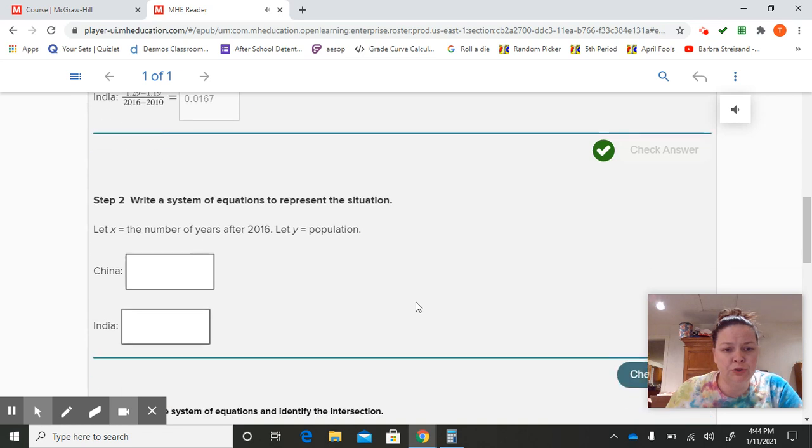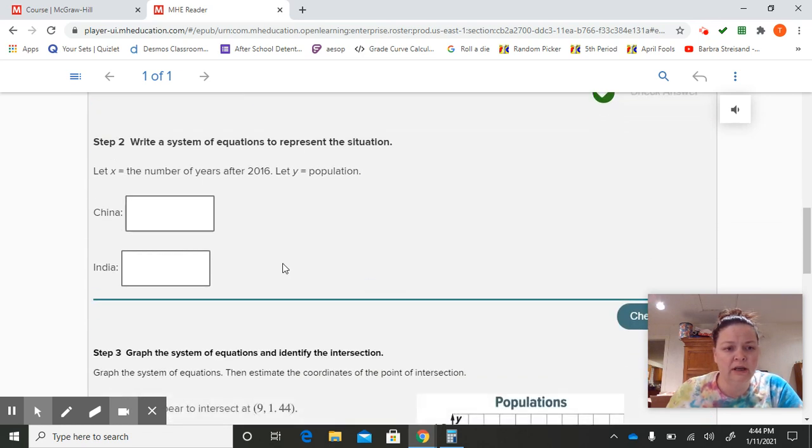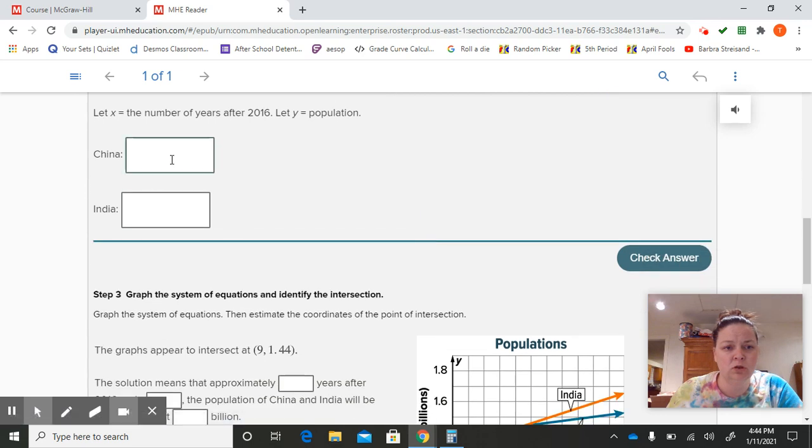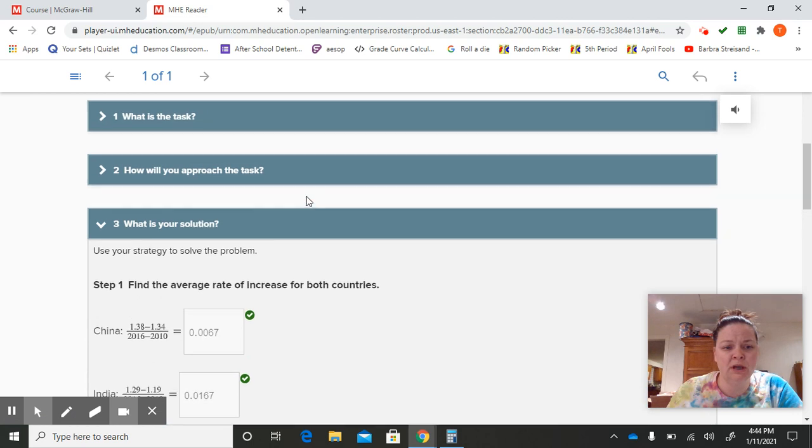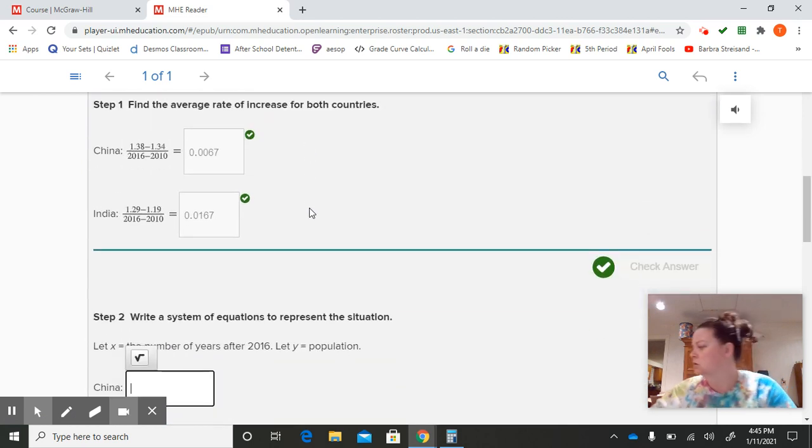And then we're going to write this as an equation. Let x be the number of years after 2016, let y be the population. So in order to do that, I'm going to need to use some points. We're going to have y equals mx plus b.